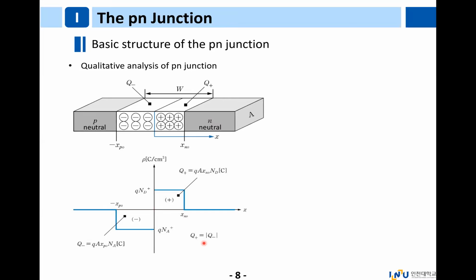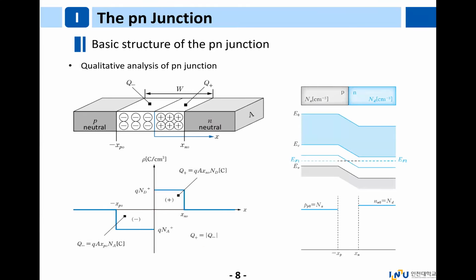Similarly, let's consider the concentration of mobile carriers. In the N-type region, the electron concentration is determined by the amount of donor doping, right? So it is determined by donor doping.